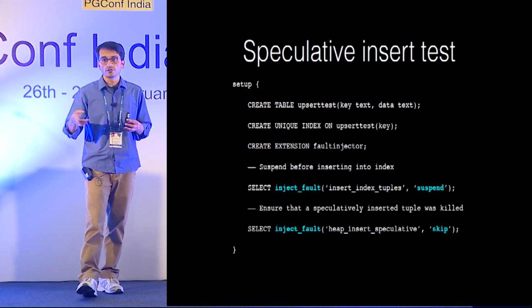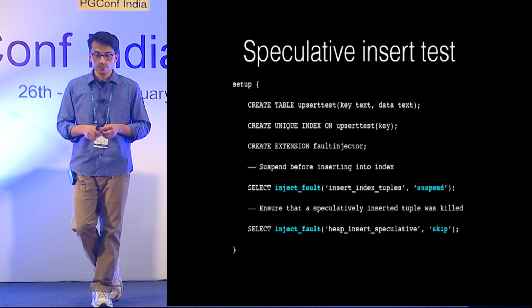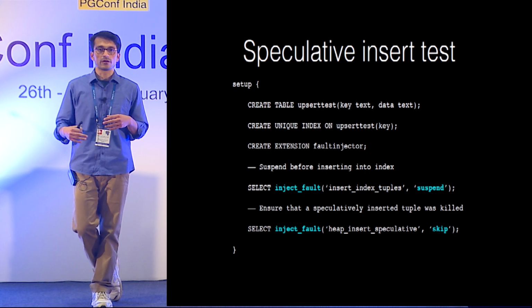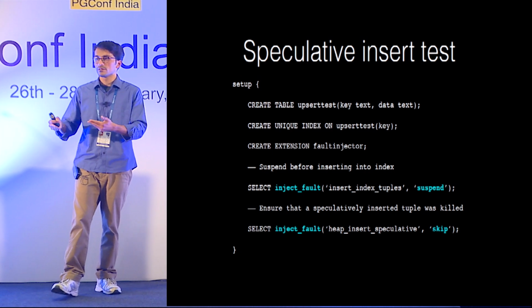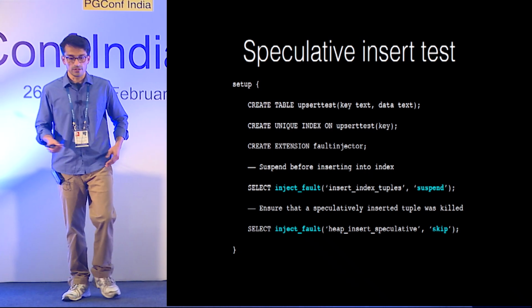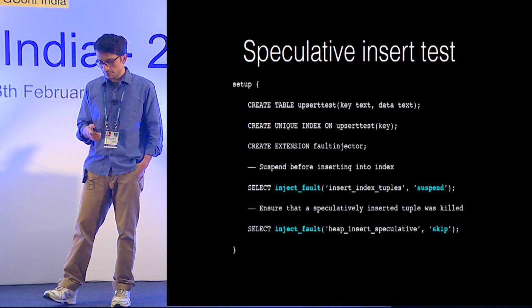Because it's a skip fault, no action will be taken when this fault is hit, but its status will be recorded in shared memory, and later when we check the status we can determine that this fault was hit, and then the test can figure out if it should pass or fail, right? So we have 2 faults and a table and an index defined.